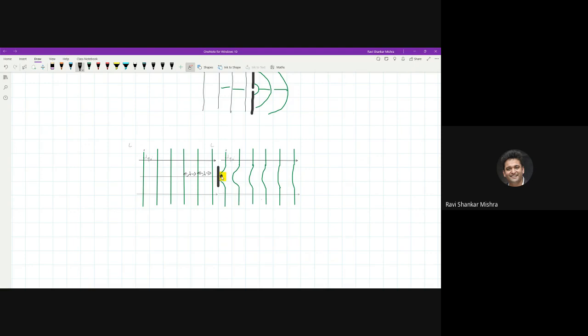That creature will not experience any waves in this area, in this shadow. This is called shadow.